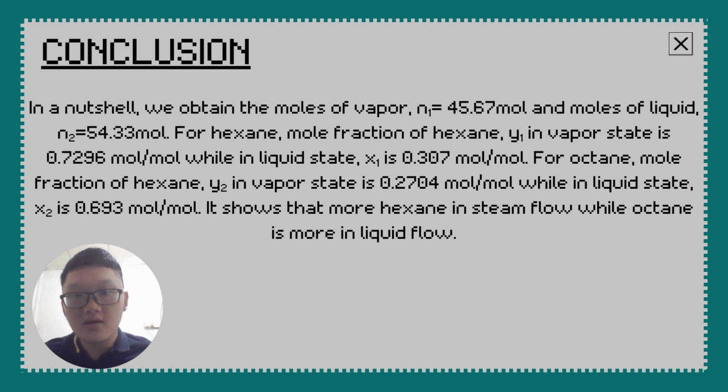For octane, the mole fraction Y2, in vapor state, is 0.2704 mole per mole, while in liquid state, X2 is 0.693 mole per mole. It shows that more hexane is in the vapor flow, while octane is more in the liquid form.